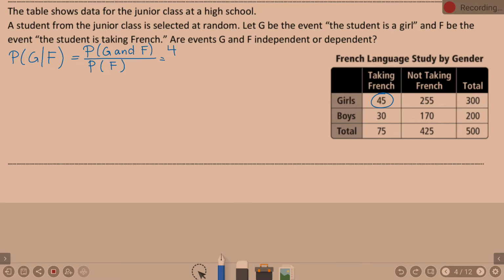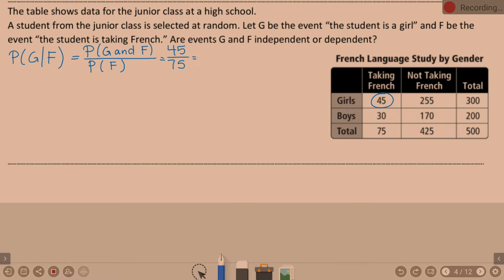Probability, or how many students are taking French? 75. Layton, you're doing pretty good. You understand this? What do we know about 45 over 75? Well, it can reduce. Reduce to what?